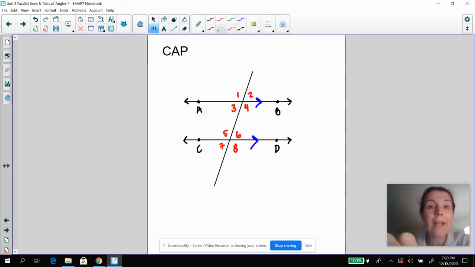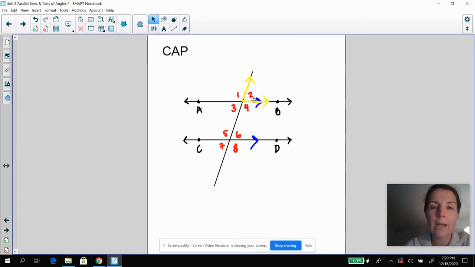And remember, corresponding angles are in the exact same position. So if I look at angle 2, let's say, there's angle 2. If I take angle 2 and I shimmy this guy all the way down, do you see how angle 2 matches up perfectly with angle 6?